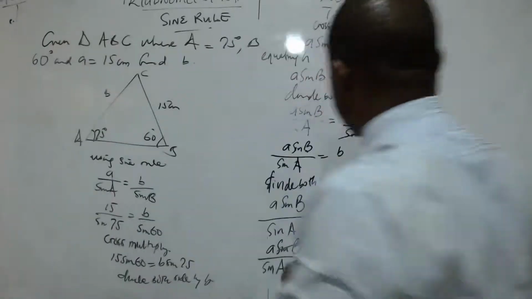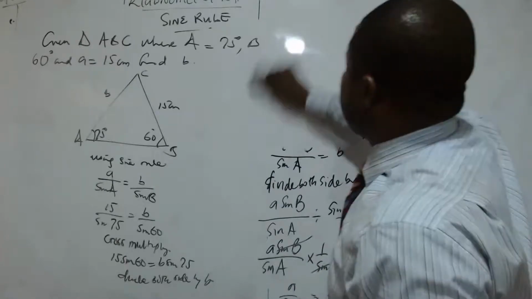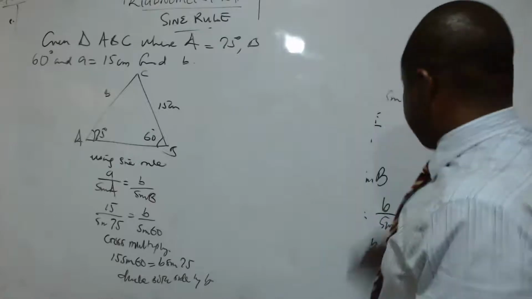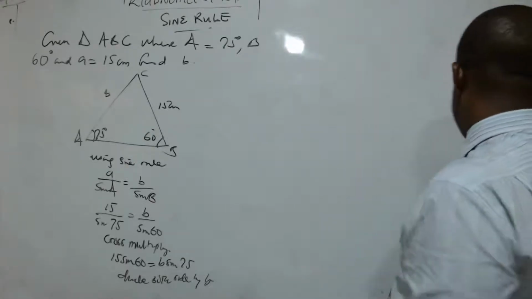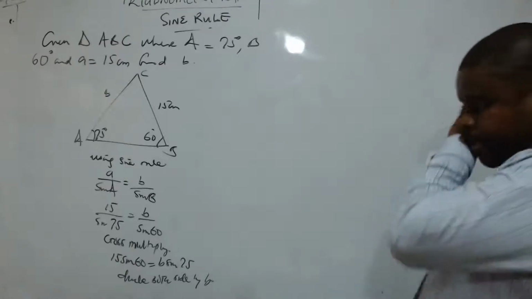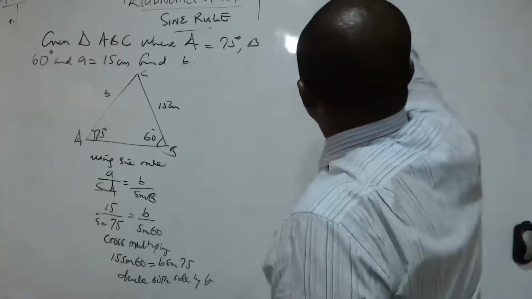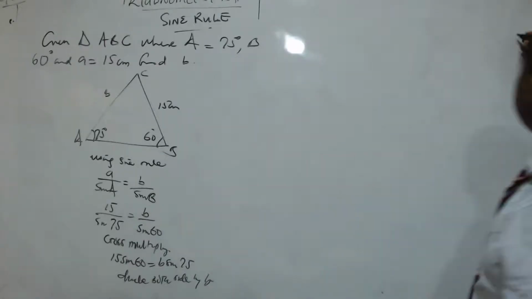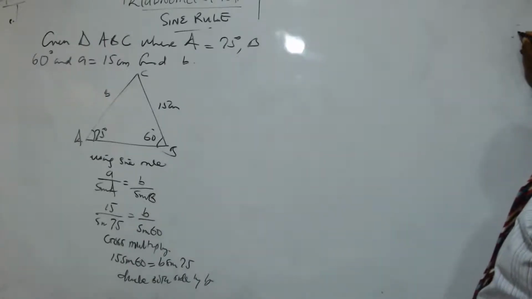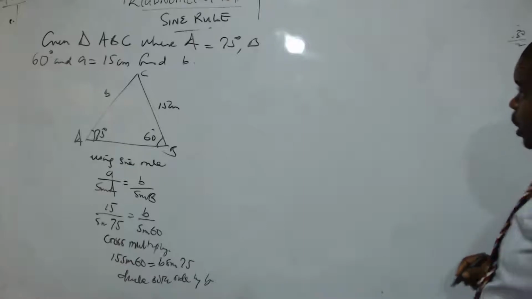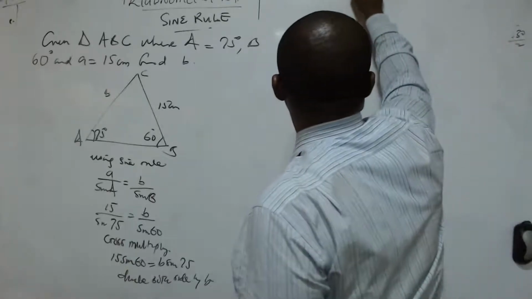Divide both sides by B. Then what do we have there? 15 times sine 60. Quickly, we said sine 60 is root 3 over 2.